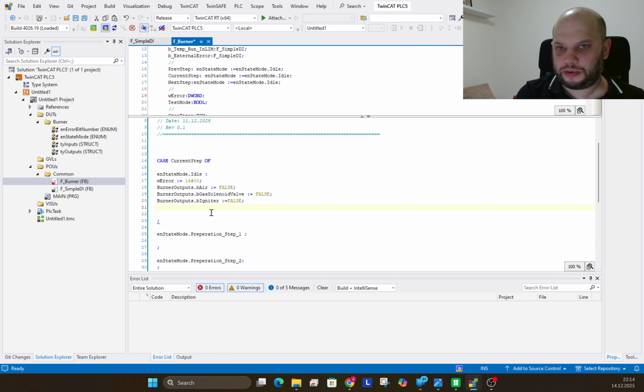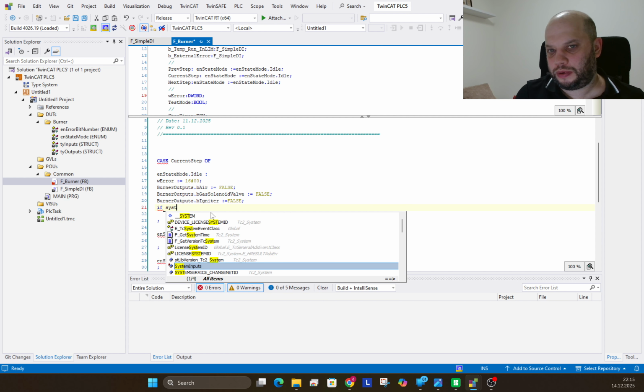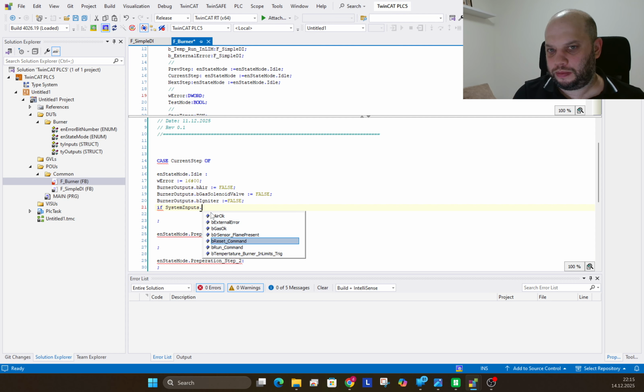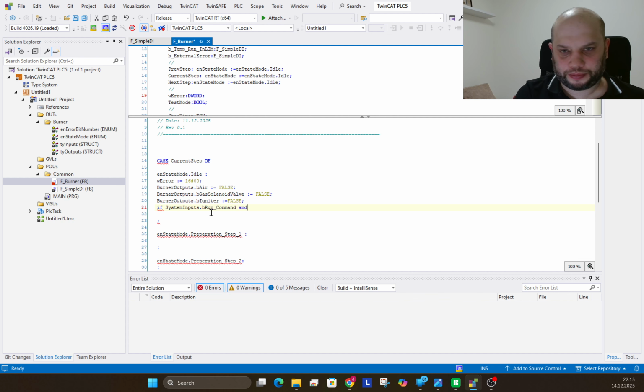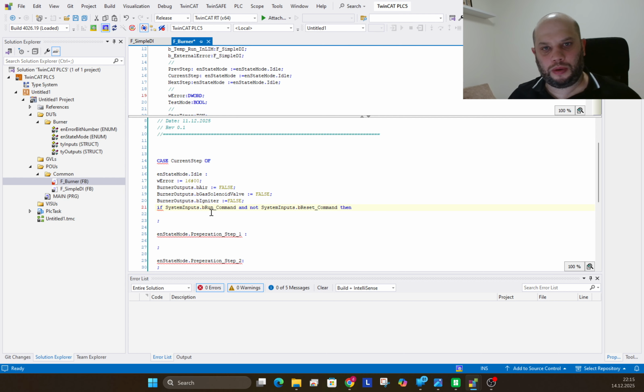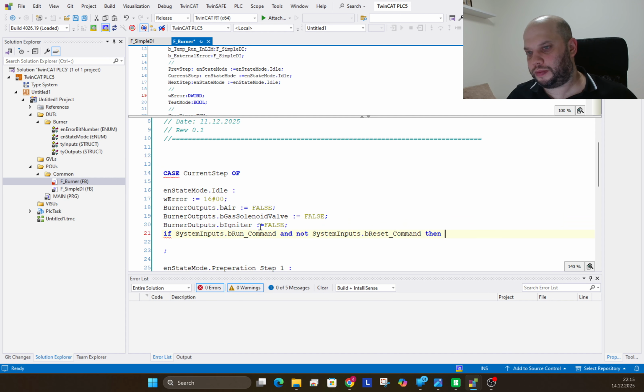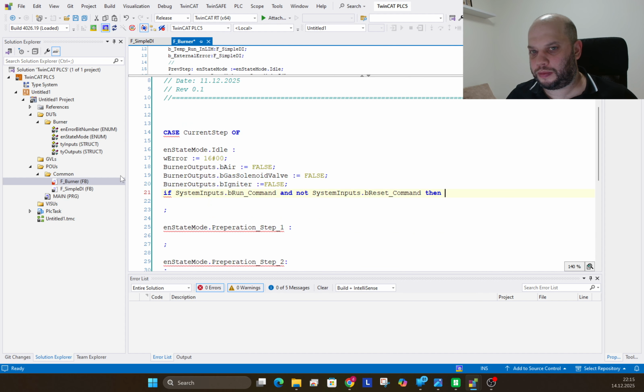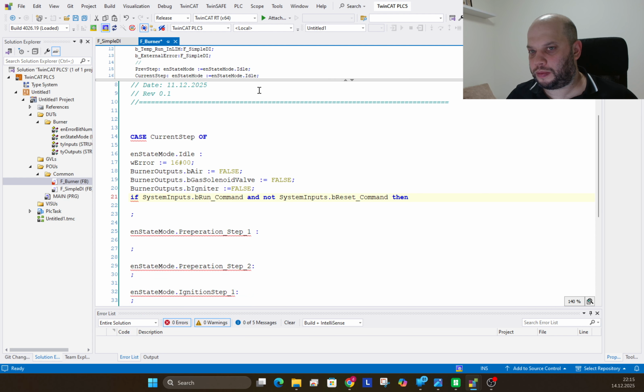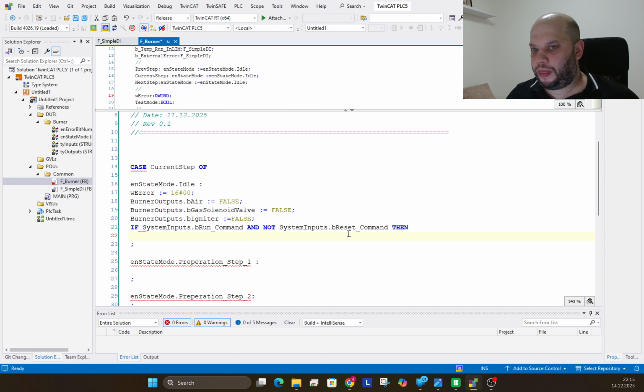If, after that we are checking the sensors.